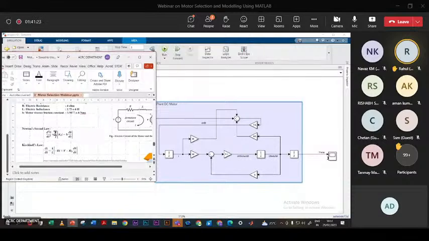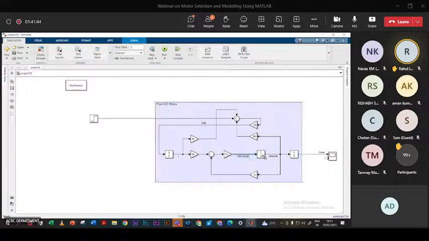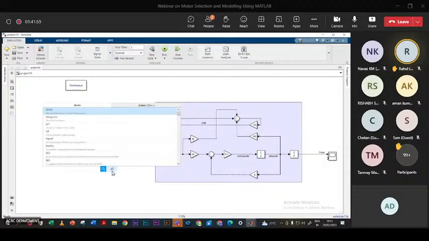From the equation I see that I want the double differentiation of the angular position, and then also a single differentiation of the angular acceleration. So for this I have taken an integrator.